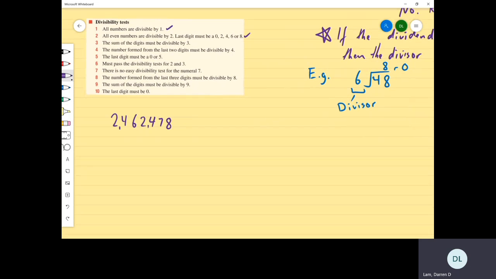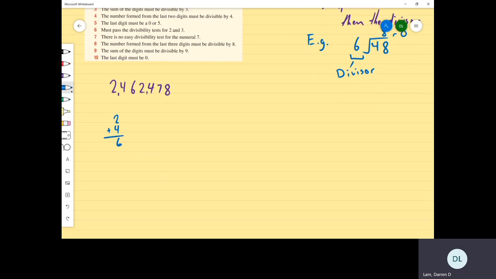Number 3: the sum of the digits must be divisible by 3. So let's add them together. 2 plus 4 gives me 6.